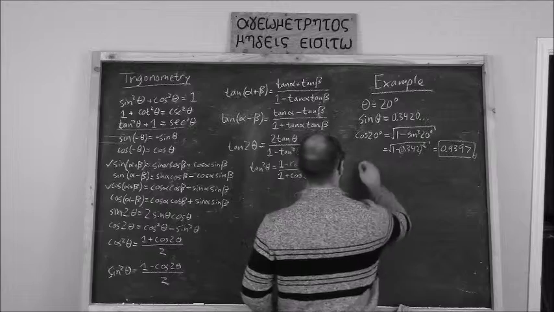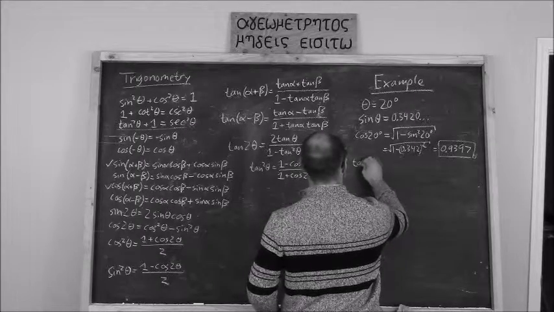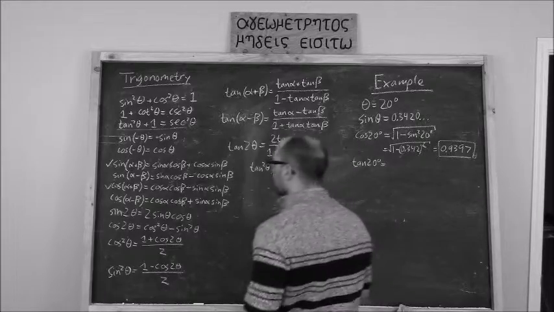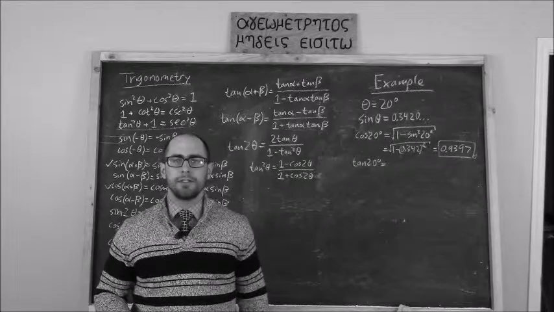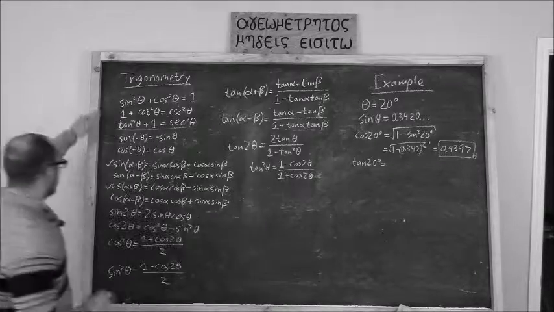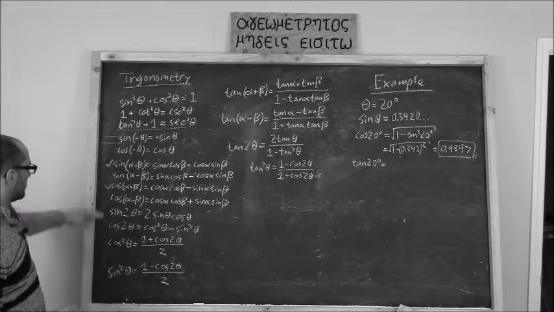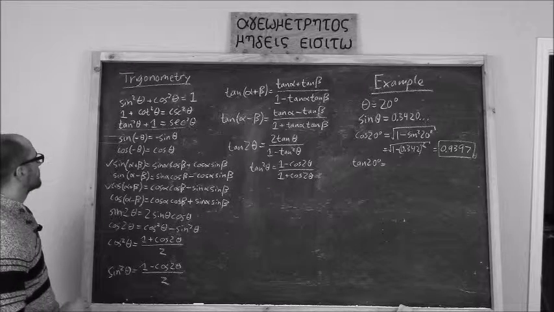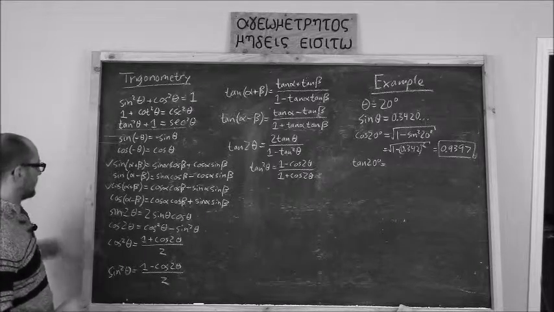Let us find tangent of 20 degrees. How are we going to find the tangent of 20 degrees? Well, let's look at one of these formulas here to see if that will help us out. You see any here?